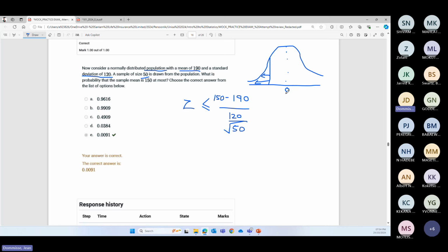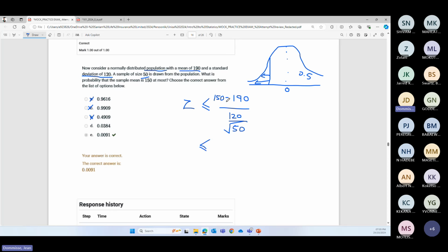Automatically I can say this is going to be less than 0.5. So not A, not B, and very unlikely that it's going to be C, because 0.4901 is just smaller than 0.5.